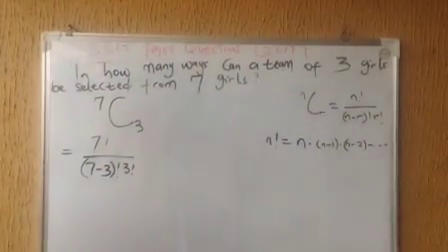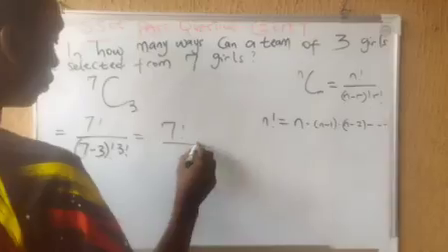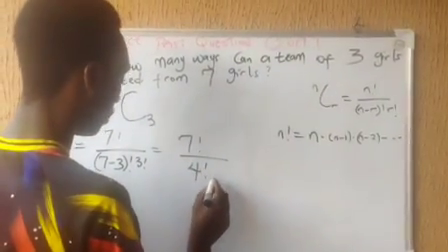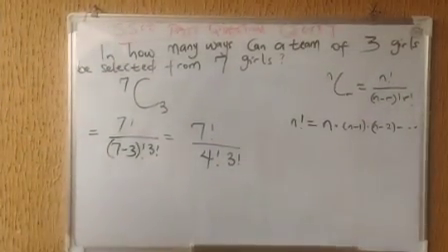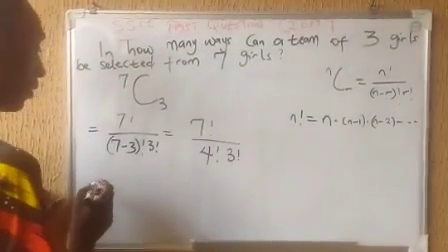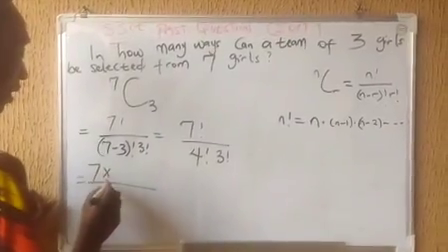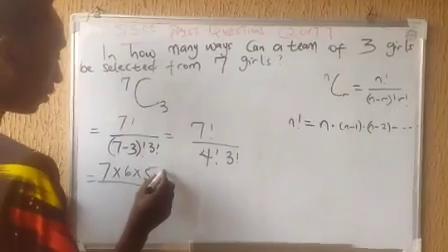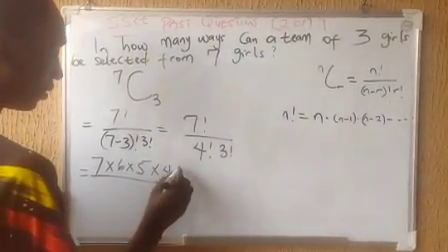So this will give me 7 factorial over 7 minus 3 which is 4 factorial. So 7 factorial is equal to 7 times 6 times 5 times 4 factorial.